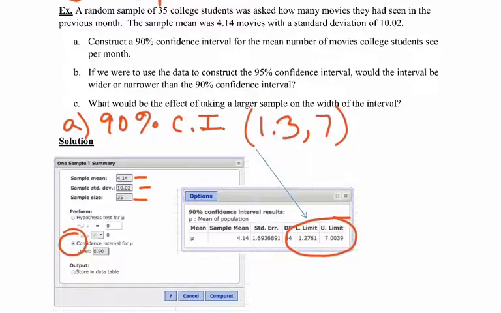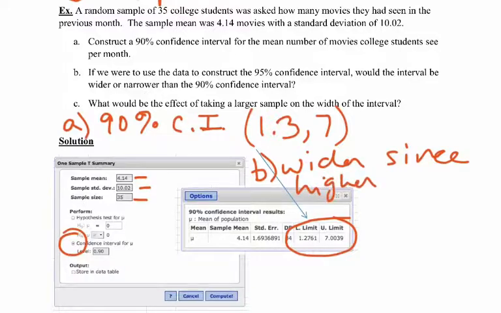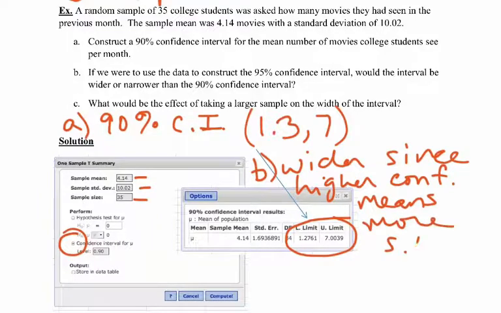And so it's going to have to be a wider interval. So let's jot that down. So we'll say wider since higher confidence means more standard errors are included in your interval.